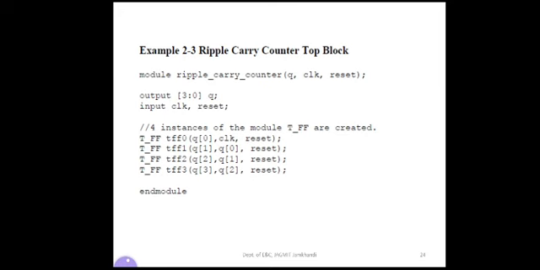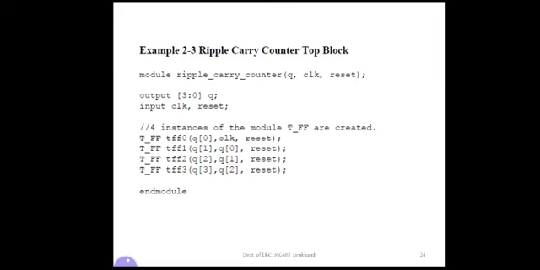Output 3 down to 0 is a vector, so its values are going to be Q0, Q1, Q2 and Q3. As it is a vector, you need to declare it as Q only one time. Then the inputs, clock and reset, are also declared only one time.